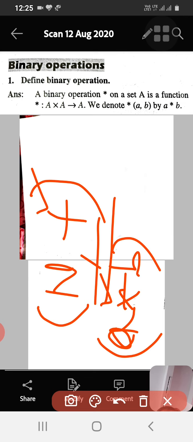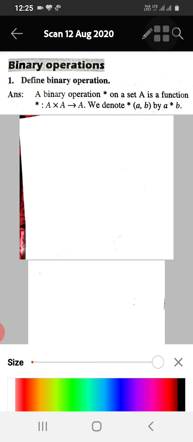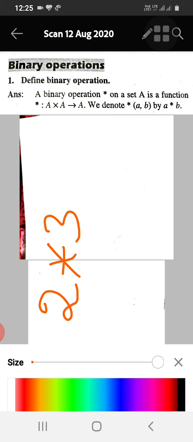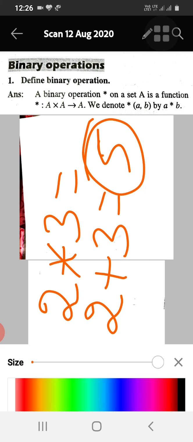I have considered two natural numbers, say 2 star 3. I will get another natural number. Particularly here I have taken plus: 2 plus 3 is equal to 5, and 5 is a natural number. Therefore star is binary.